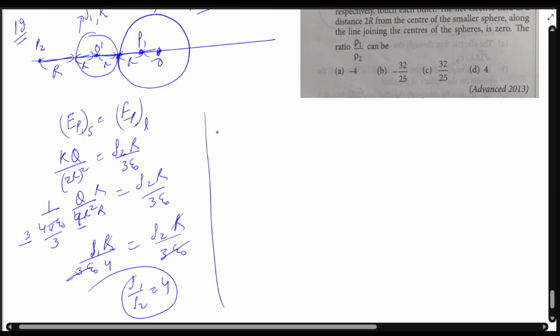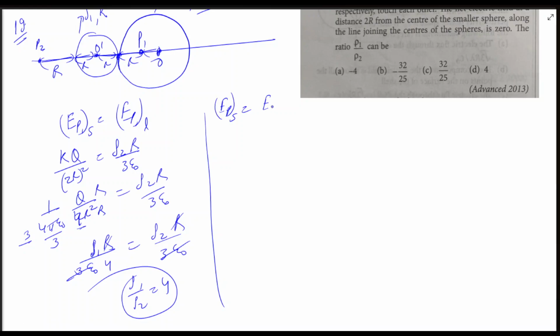Now let's consider P2. So EP2 small will be equal to EP2 large. Now for the smaller one, it will be the same. I'm just writing it here. Rho 1 R upon 3 epsilon naught into 4. For the larger one, the distance will be 1, 2, 3, 4, 5. So it will be K Q by 5R square.